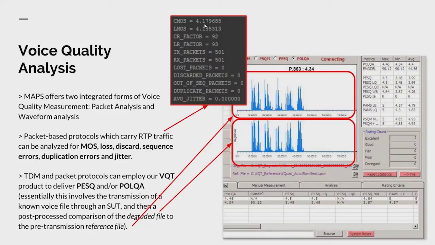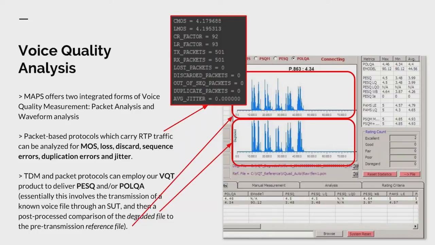So this is going to give you your MOS scores, your delay, your loss, your jitter, your packet counts, stuff like that. To get that information, it's just a single function call, and then it spits out all the relevant variables. You can do whatever you want with them. Again, it's another easy way to deliver a quick, easy integrated pass-fail into your test.